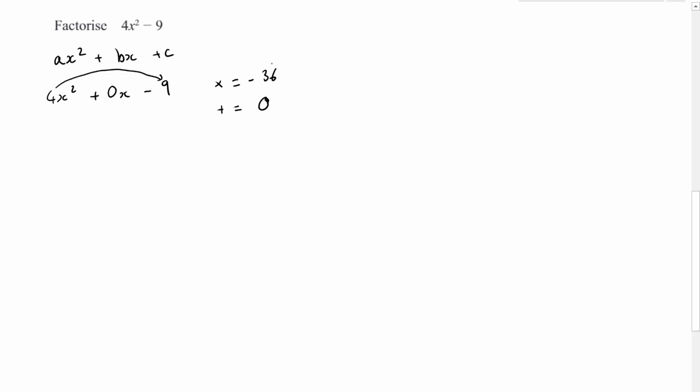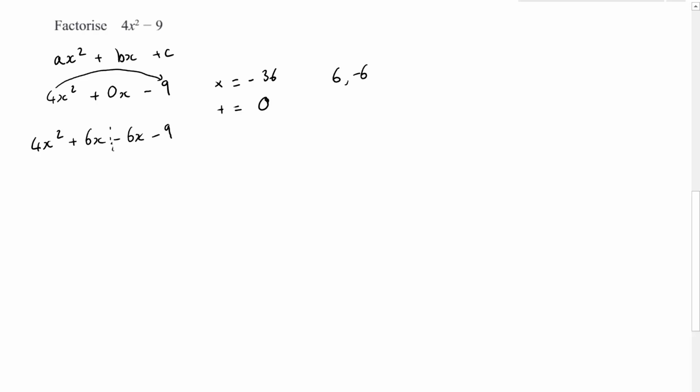So we can instantly see that this is 6 times minus 6. Because 6 times 6 gives me 36, so 6 times minus 6 gives me minus 36, but also 6 plus minus 6 gives me 0. So I can split this 0 up and say that this is 4x squared plus 6x minus 6x minus 9.